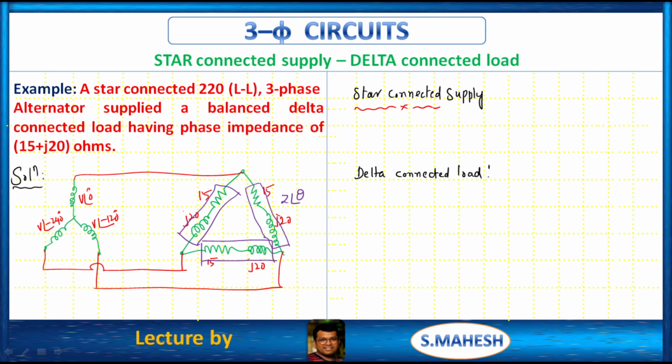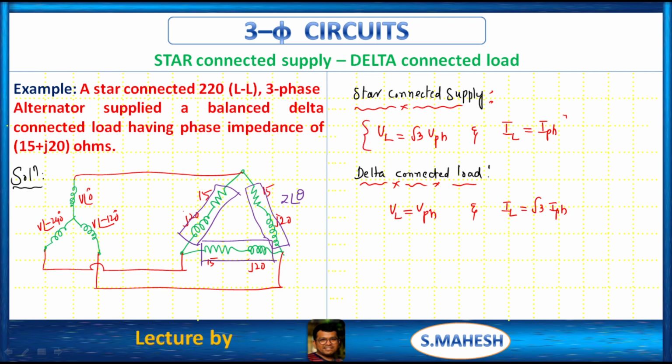For star connected supply, we know that line voltage VL is equal to root 3 times V phase, and line current IL is equal to I phase. For delta connected load, VL is equal to V phase, and IL is equal to root 3 I phase, that's it, right? These are the relations between these two.